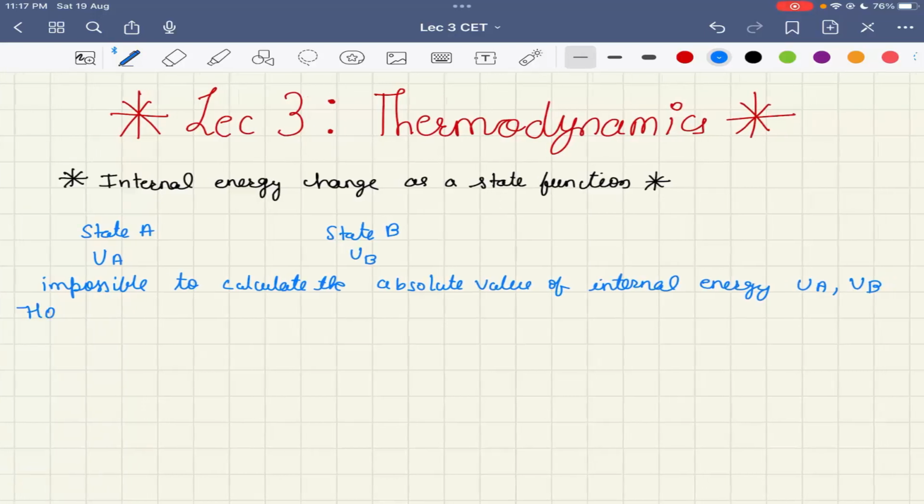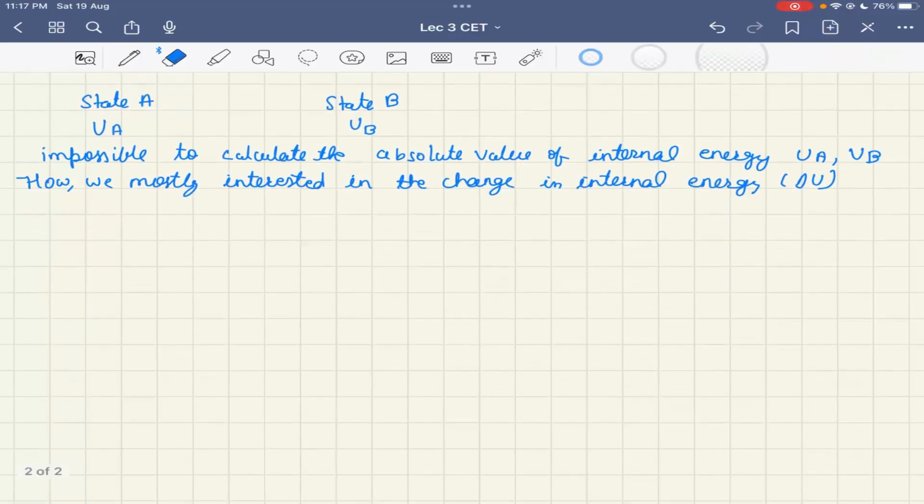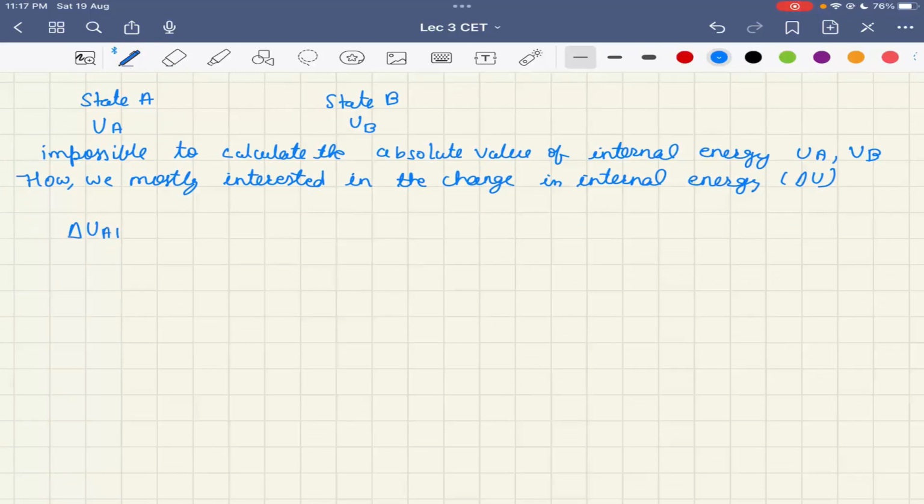However, we are mostly interested in the change in internal energy, change in a quantity, internal energy, which we are going to denote as delta U, right? Therefore, change in internal energy between state A and B is given by UB minus UA, right? The difference in internal energy has a fixed value and will be independent of the path taken between two states, right?